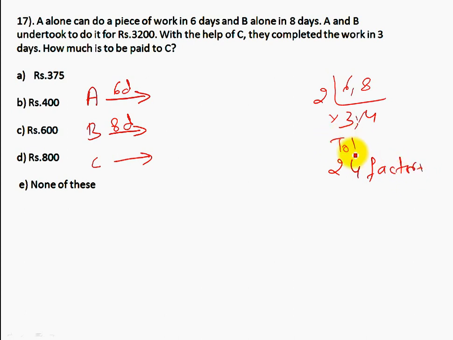So this is our total work. If we divide this for the per day value, for A it comes out to be 4 factors per day and for B 3 factors per day.